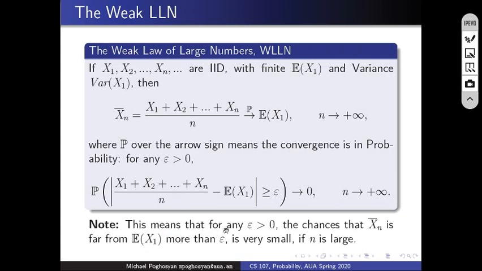So this means that for any epsilon, the chance that averages will be far from this expected value by more than epsilon is very small. It's tending to 0 when n is tending to infinity. So this probability that this is far from that is small when n is large.